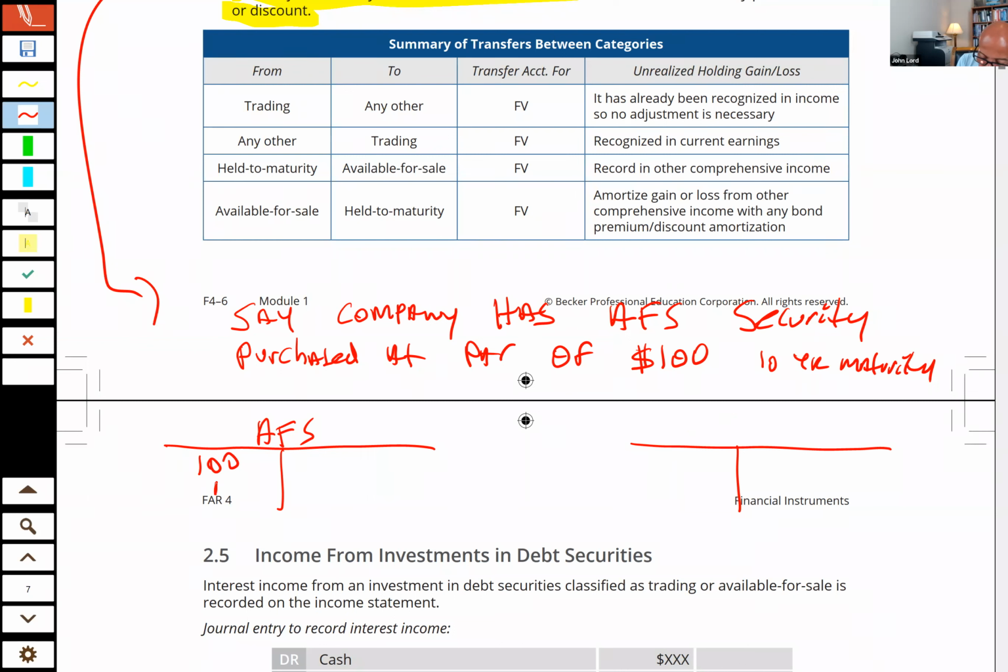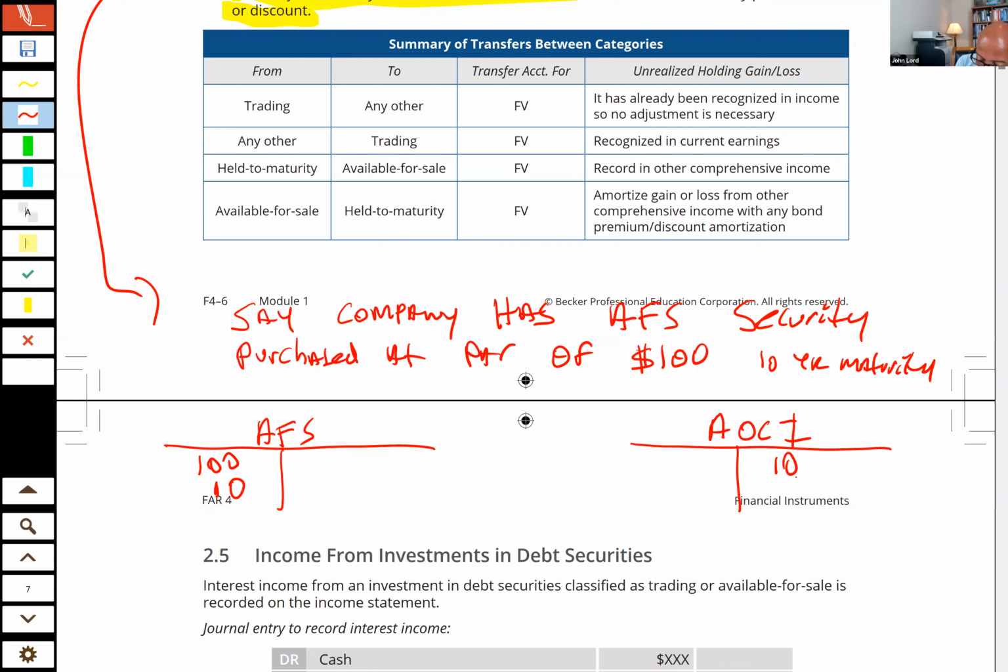So what would they do? They would debit the available for sale security. They would credit what? They would credit unrealized gain. We close unrealized gain to what? Accumulated other comprehensive income. Remember, we said that's like the retained earnings of the comprehensive income. Okay, so we've got the security now at 110. We've got the accumulated other comprehensive income sitting there at 10.